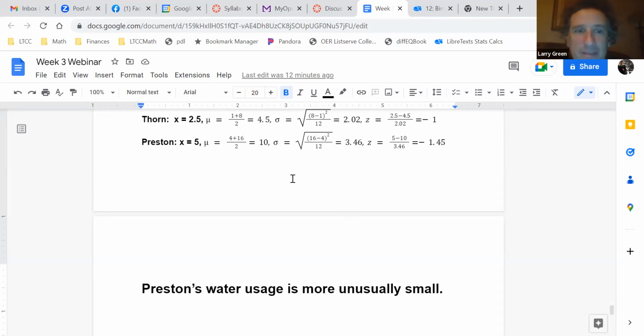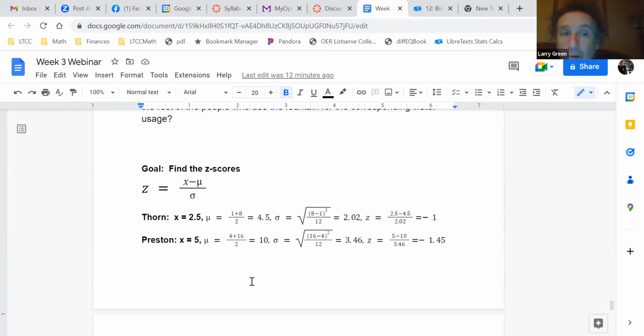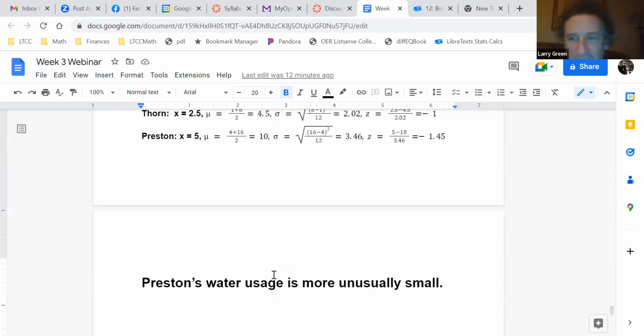But Preston's more unusually small than Thorne was. Any questions on that? Even though Preston used more water. So it's not who used more water, it's who was more unusual in the category they're in. Do you see how that works? Any questions at all on this example?